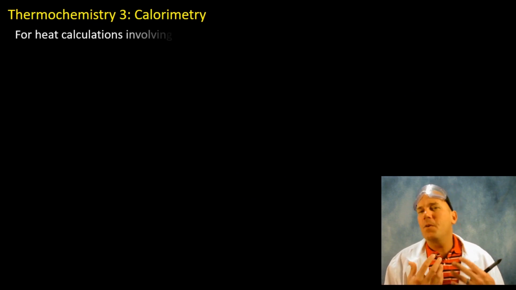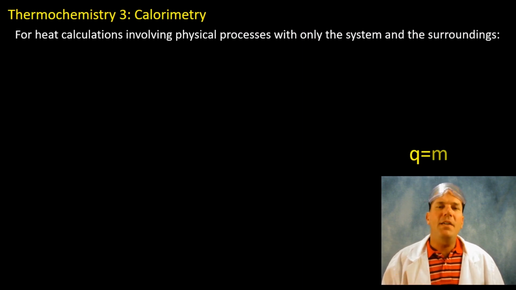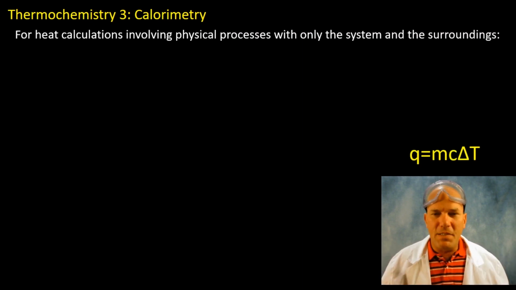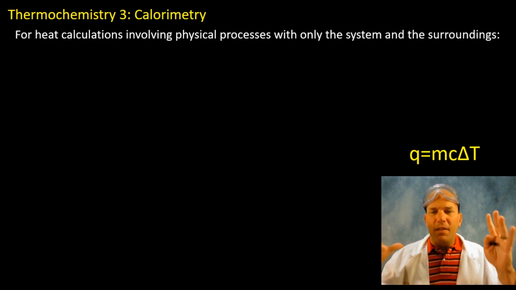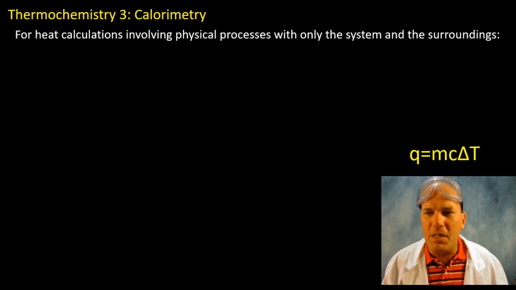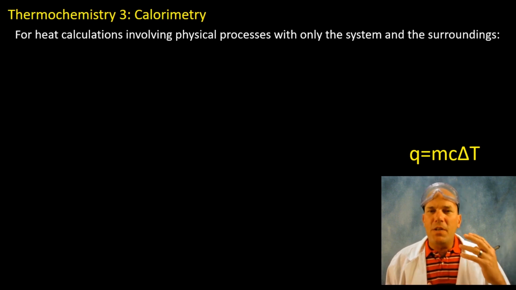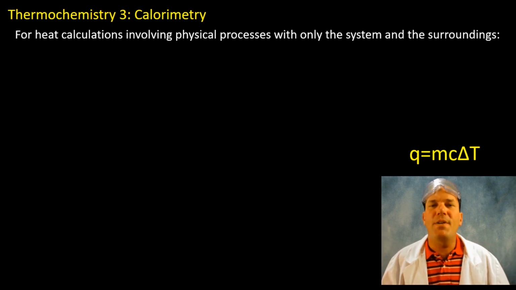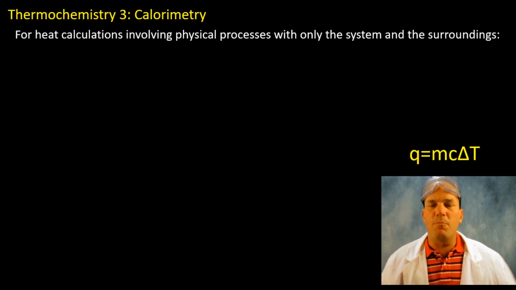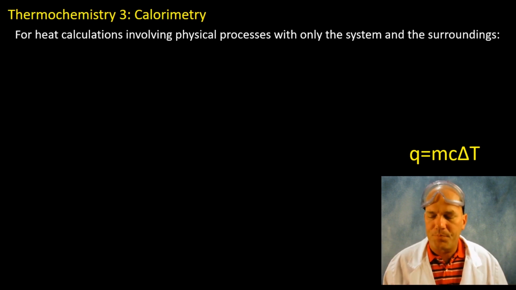Okay, so for any heat calculation that's involving a physical process, and we're only looking within the system and its surroundings, we're going to use Q equals MC delta T to compare the heat between, say, two objects that are in our system. Remember, we, the scientists, define our system.